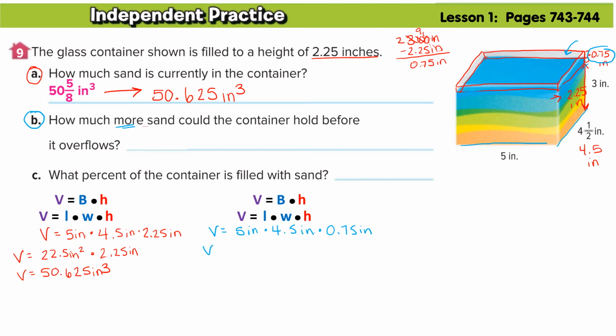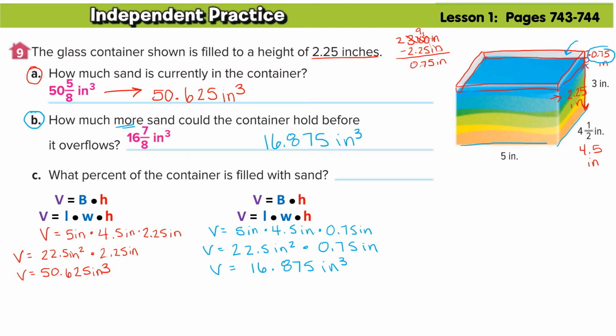So our volume is going to equal 22.5 inches squared times 0.75 inches, which equals 16.875 inches cubed. So that's how much could fit in that little gap. All right, and I'm going to write this here, 16.875 inches cubed. And as a fraction, it would look like that.